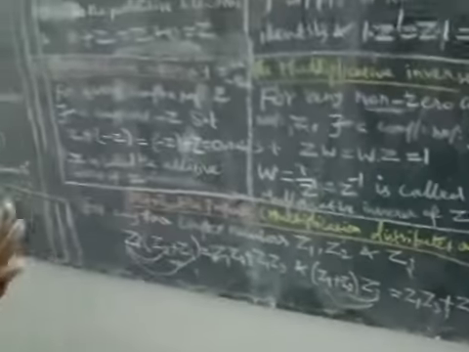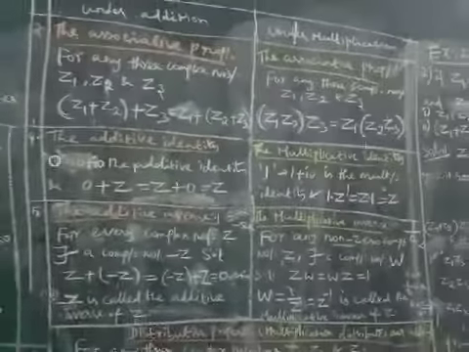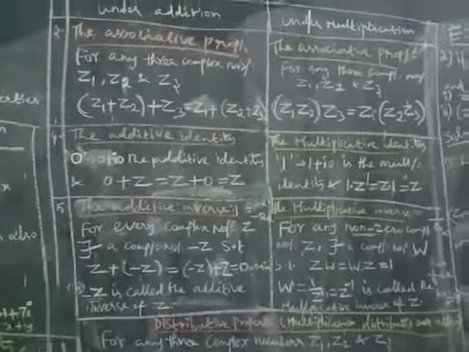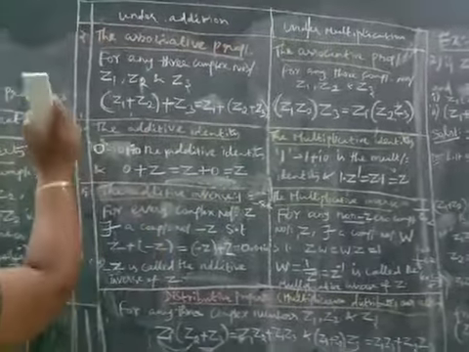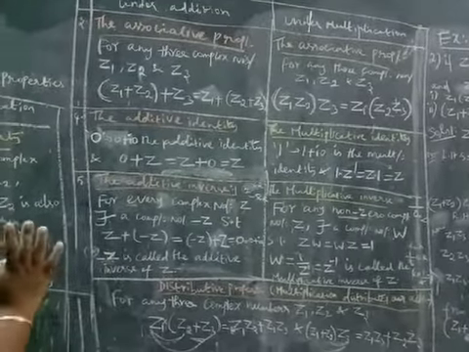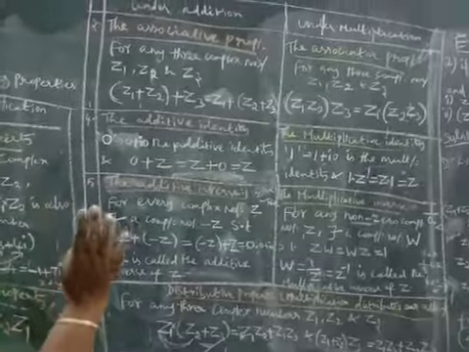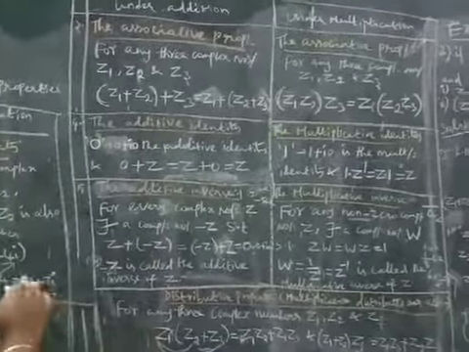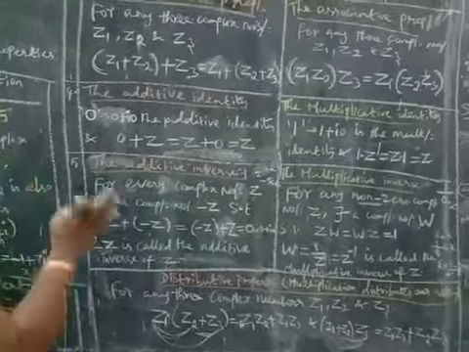So these are the basic properties of complex numbers. You should understand this concept and memorize this formula. Don't separate addition and multiplication. Just memorize what is the associative property under addition, and what is the associative property under multiplication. Similarly, you have to memorize this concept thoroughly.